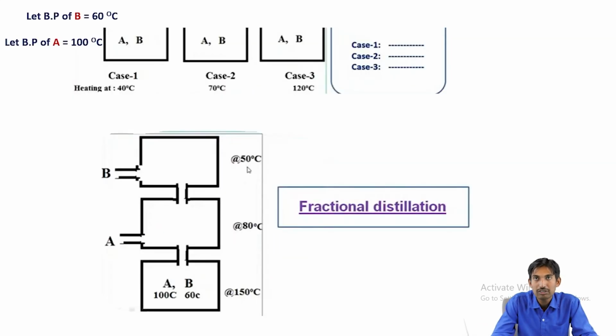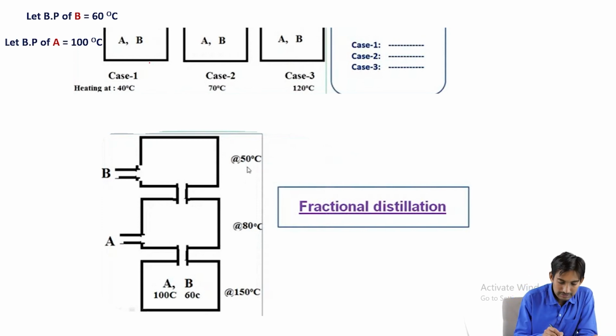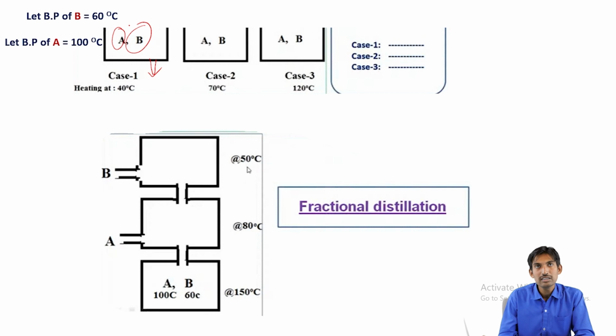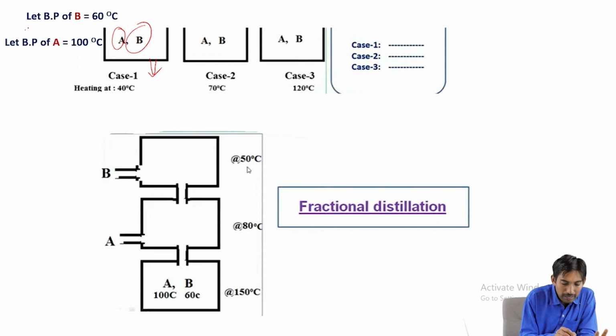To understand the fractional distillation process, these are the steps involved. Let's say one container contains fraction A and fraction B. Case 1: the boiling point of B is 60 degrees centigrade, and the boiling point of A is 100 degrees centigrade.